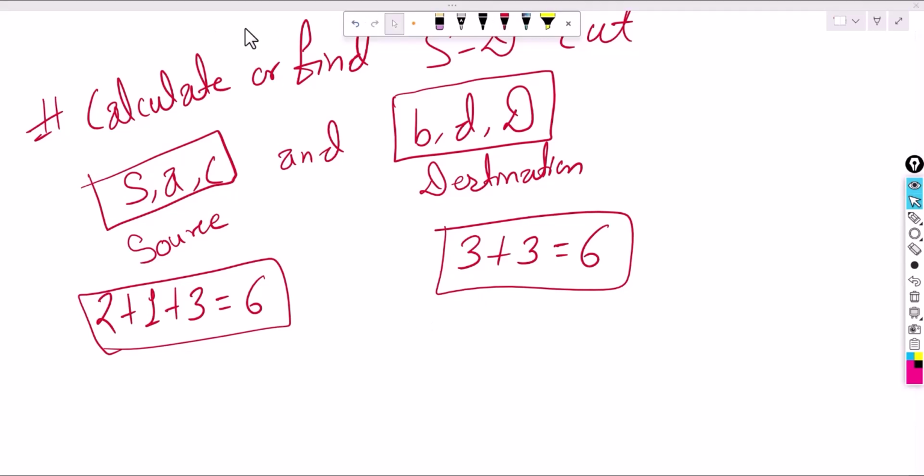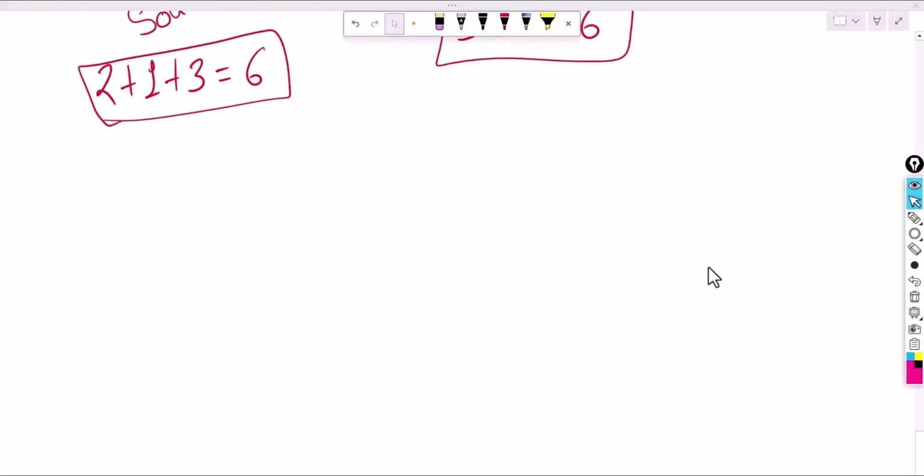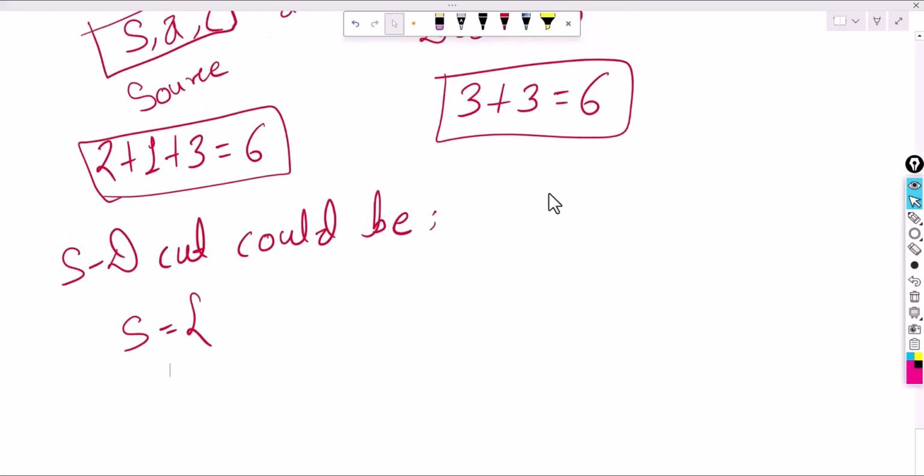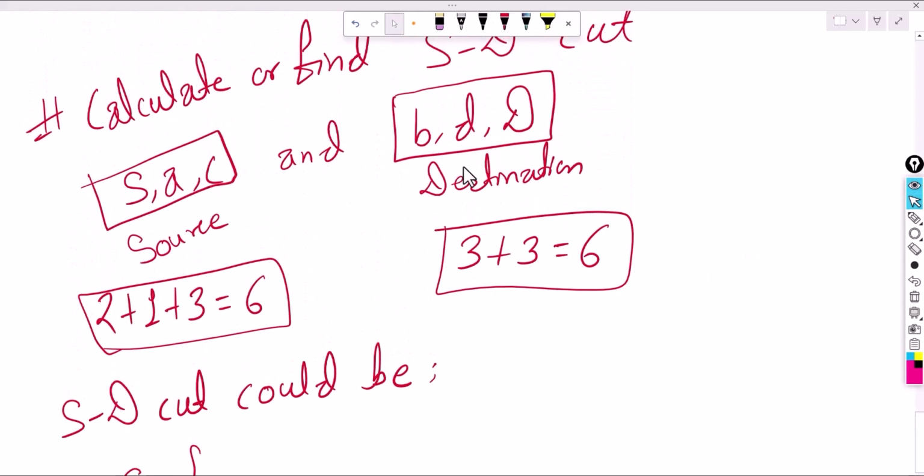So simply in the exam you can write the S to D cut could be S equals SAC and D equals BD.